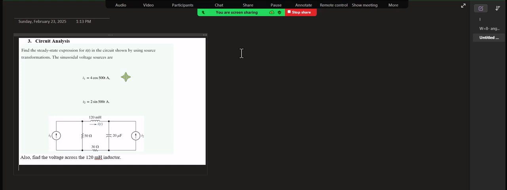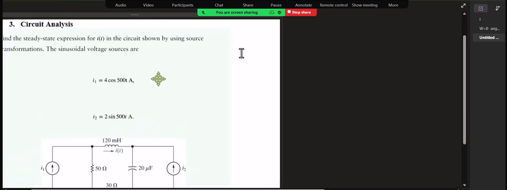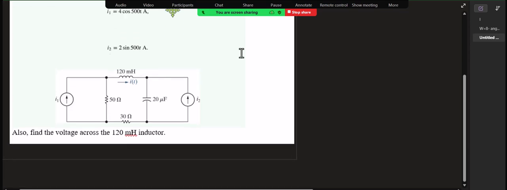So we need to find the current through the inductor, and I also added that to find the voltage across that inductor. Okay, so the first thing that we need to do is to change everything to phasors.